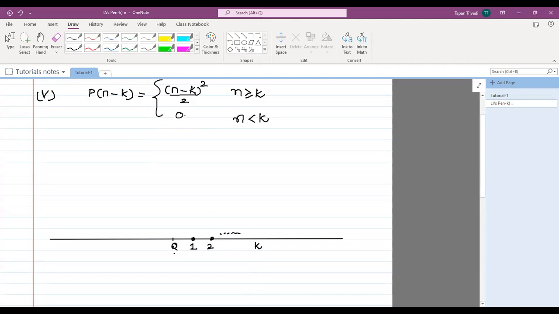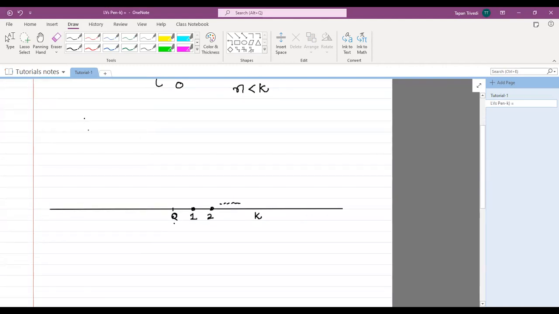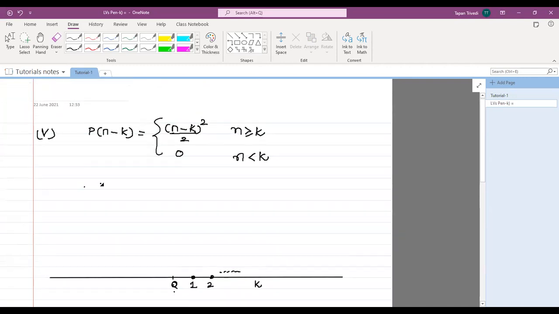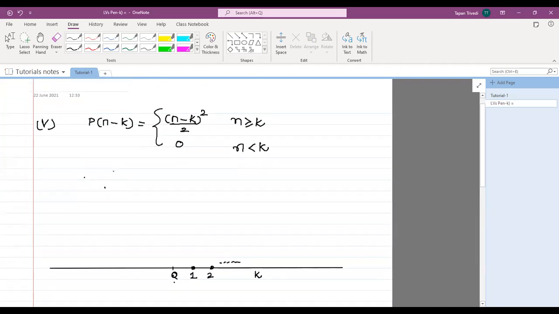Now try to put n is equal to k here. If n is equal to k, what will you get? n minus k whole square by 2 is equal to 0, because n and k are the same.